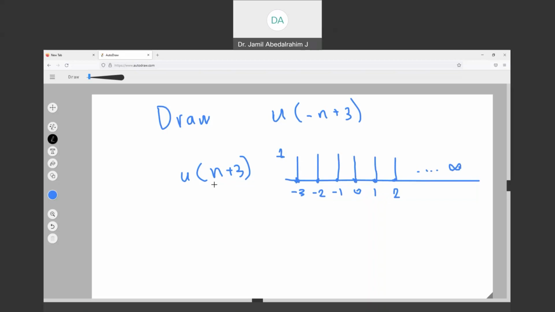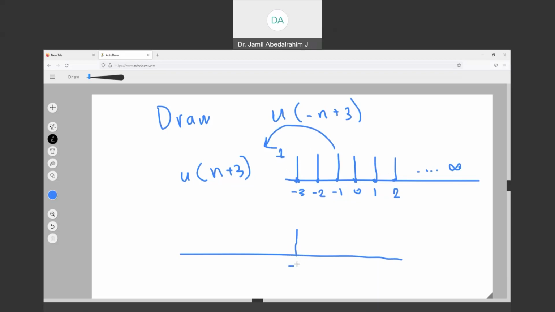Okay, that's without minus. Now we need to flip it. We need to reverse it. So, as I mentioned just now, we keep the first impulse and we flip the other impulses to the other side, to the negative side.